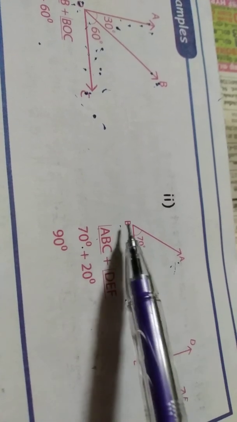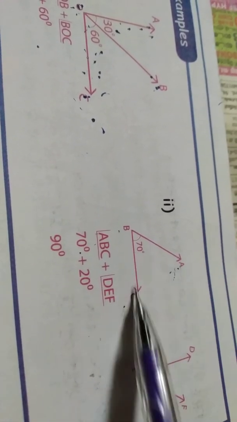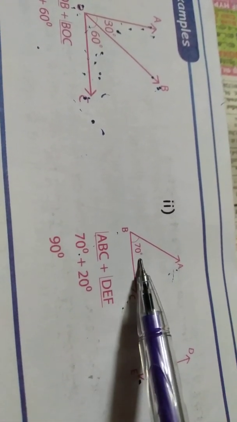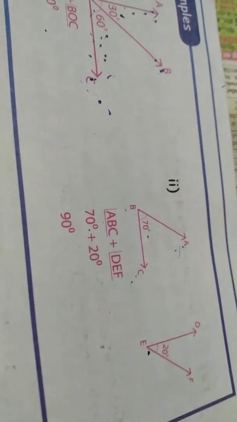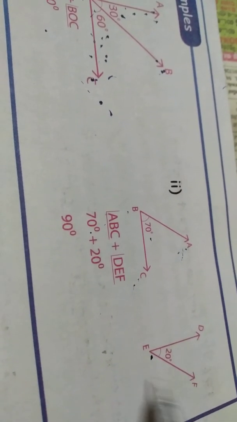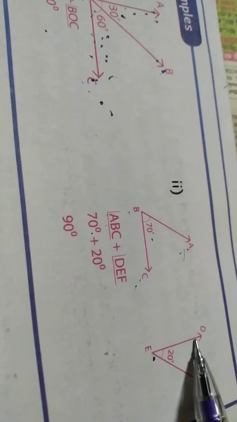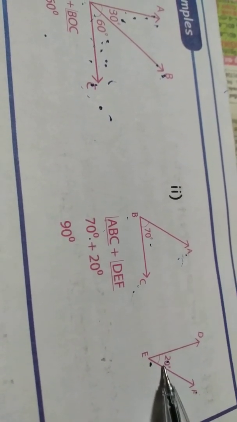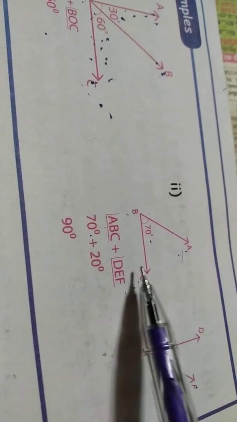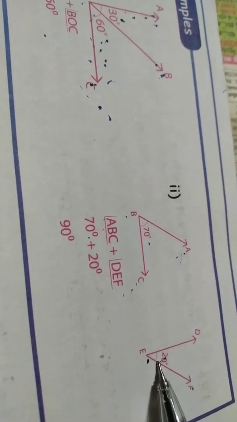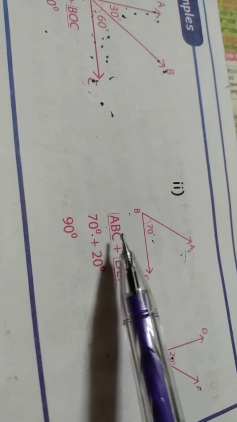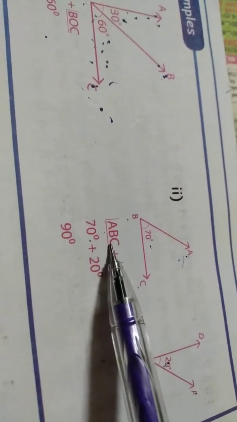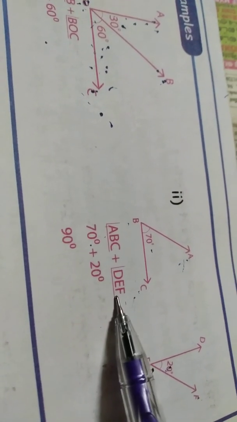Angle ABC, what is its measurement? It is 70 degrees. What is the measurement of DEF? It is 20 degrees. So what is the total sum of that pair of angles? Yes, very good, angle ABC plus angle DEF.